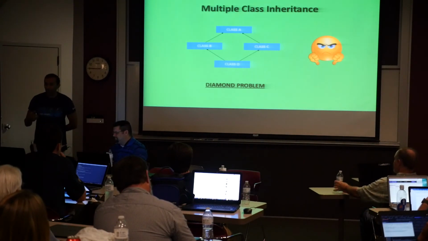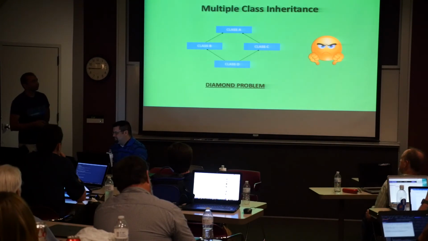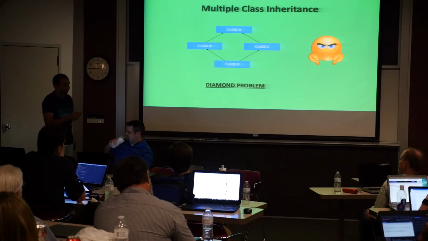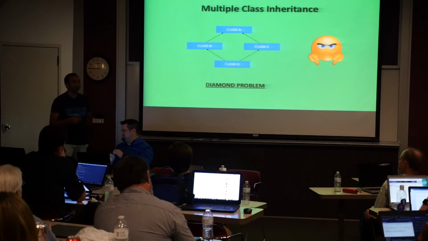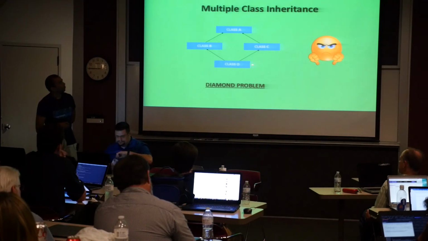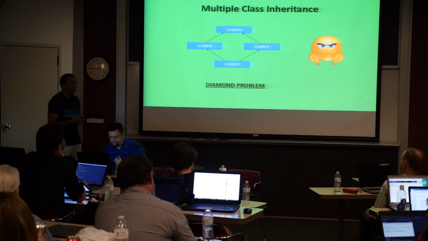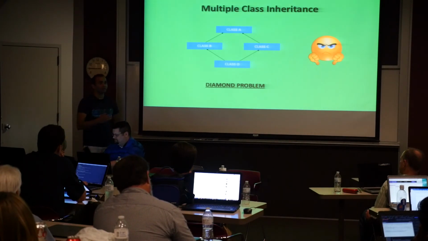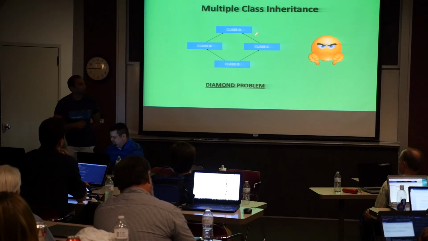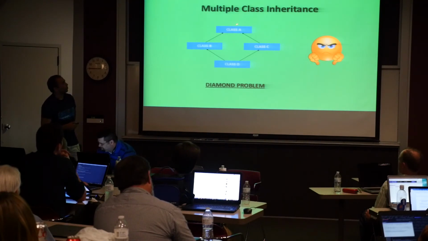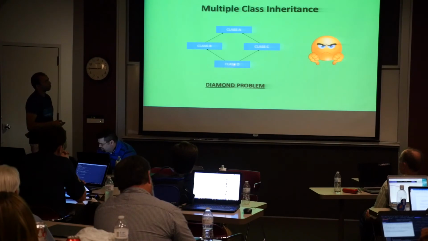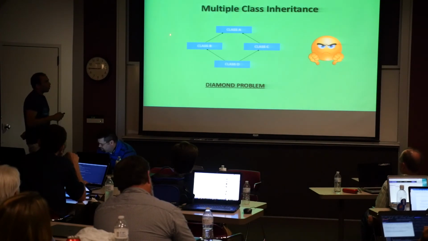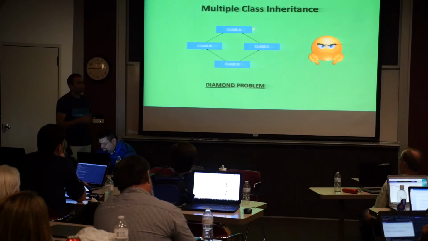And this is kind of the diamond problem, which explains why multiple class inheritance is not allowed and why it makes the entire inheritance thing very complicated if multiple class inheritance was allowed. Think about a scenario where we have 4 classes: class B and class C inherit from class A, and class D inherits from B and C. You have a method in class A, say a virtual method.